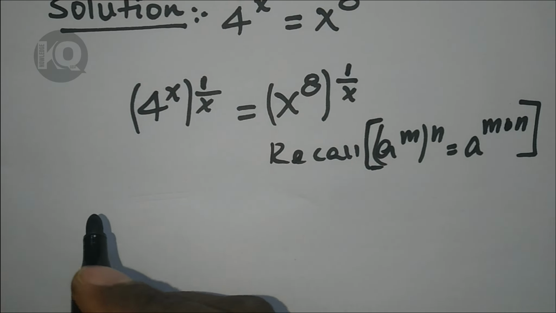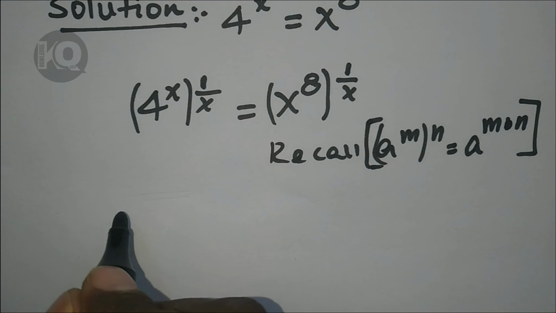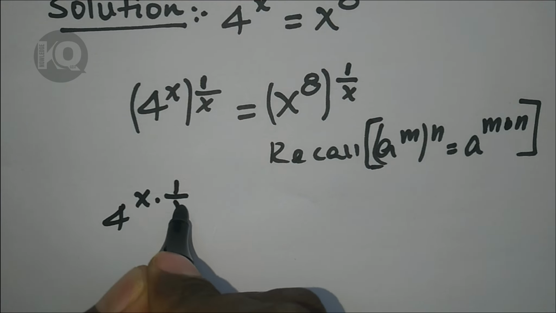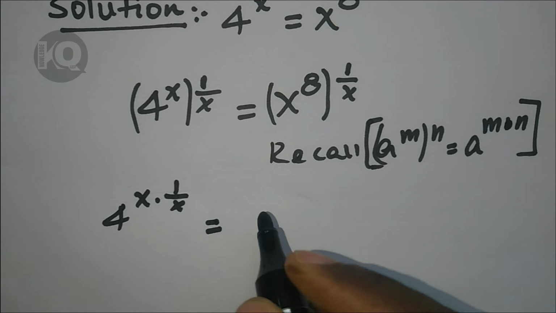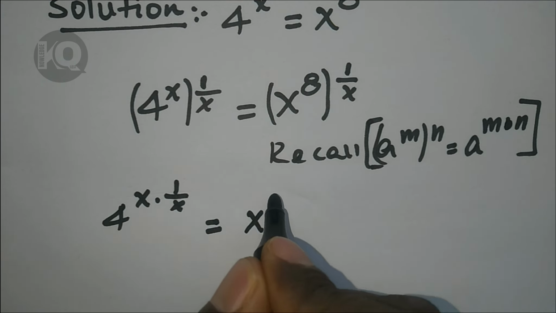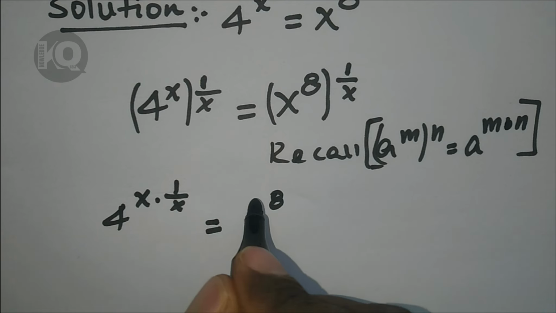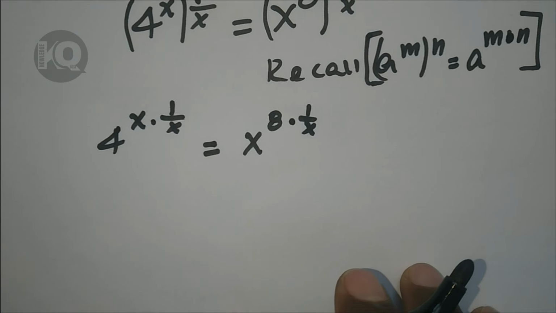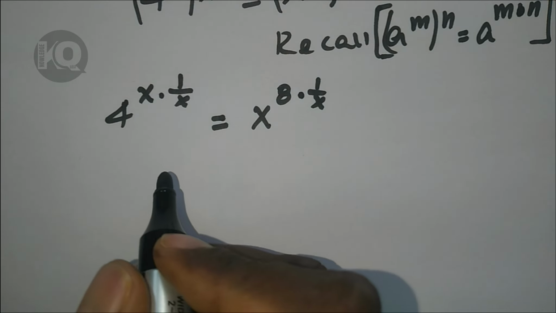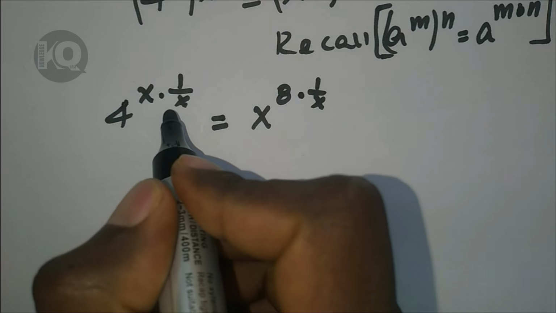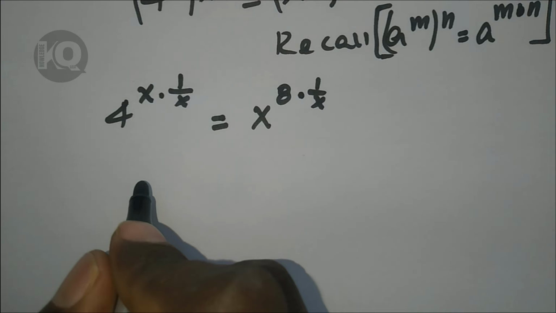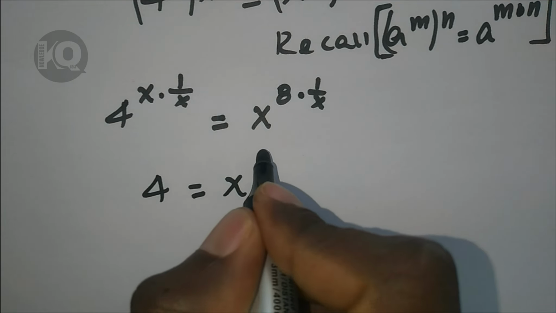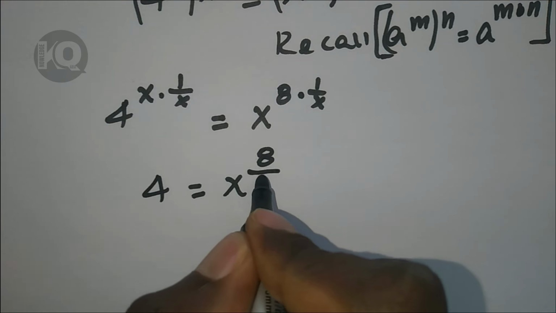So by using this formula, this will be 4 to the power of x times 1 over x, equals x to the power of 8 times 1 over x. Then x is cancelled by x, so 4 equals x to the power of 8 divided by x.